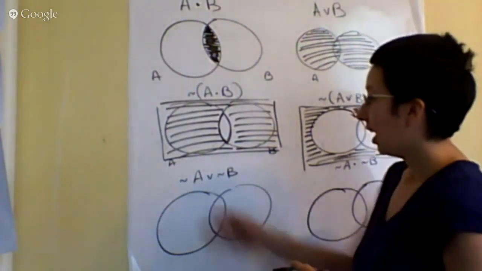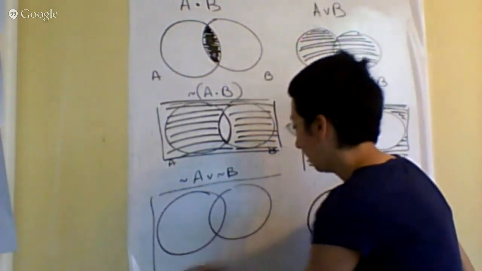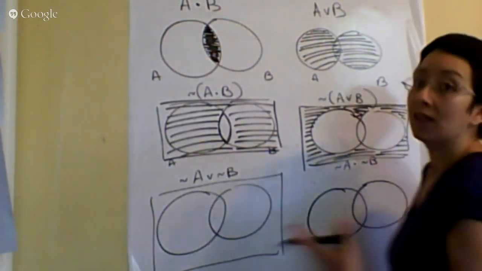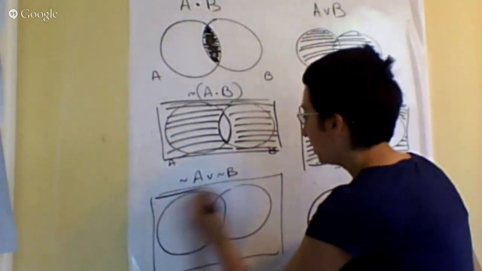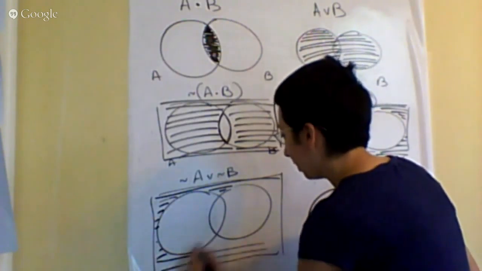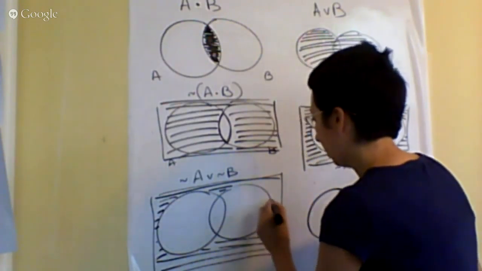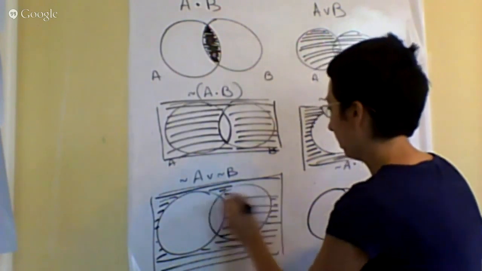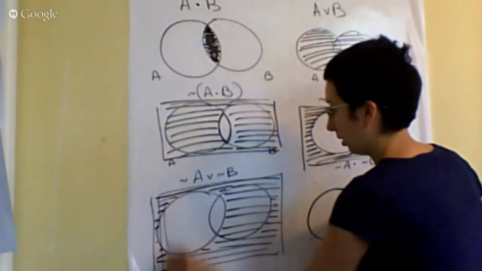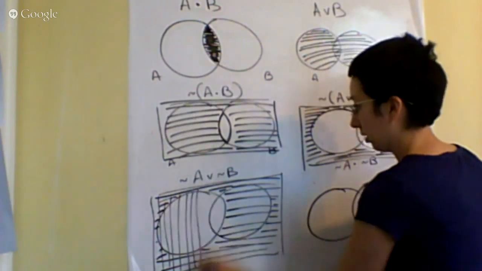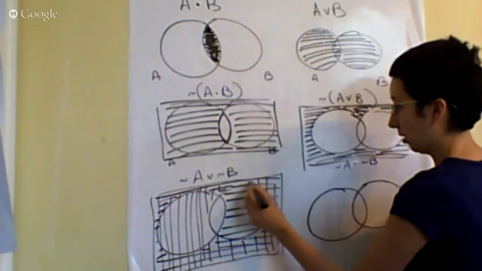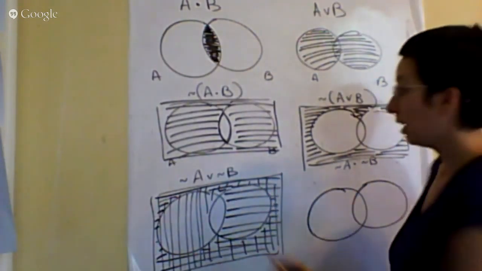So finally, let's shade in not A or not B. As you remember, this is an inclusive OR. That means in this diagram we want to shade in everything that is not A, and we also want to shade in everything that is not B. What's left unshaded?